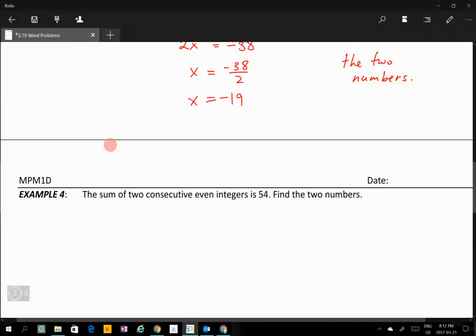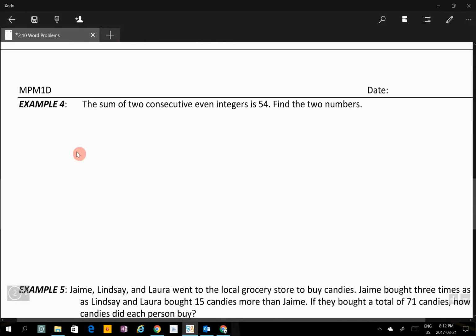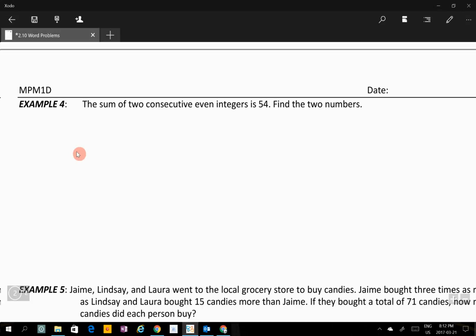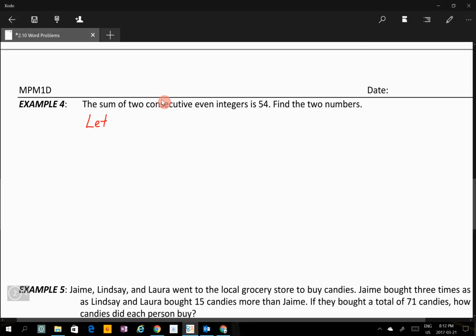Example number 4. The sum of two consecutive even integers is 54. Find the two numbers. Okay, so again, our let statement. Let x be the first number. Let x plus 2 be the second number.